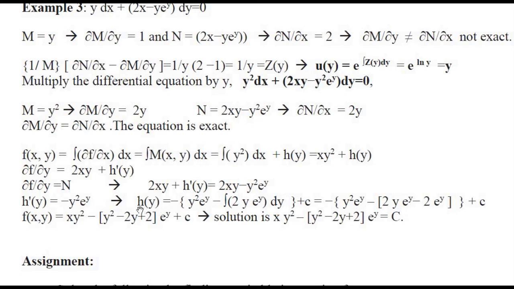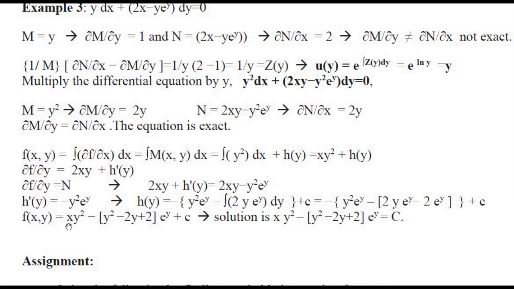which implies h(y) equal to minus of y² into the integral of the second, minus the integral of the derivative of the first, 2y, into the integral of the second, e^y dy, plus c. That is minus of y² e^y minus, again we have to apply integration by parts here, getting 2y e^y − 2e^y plus c.